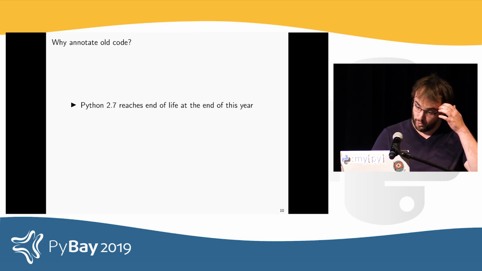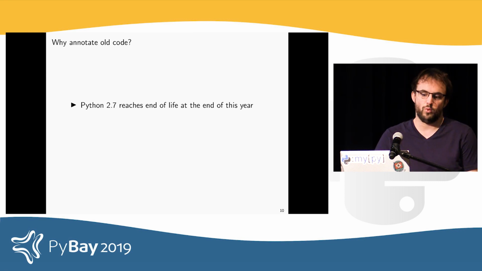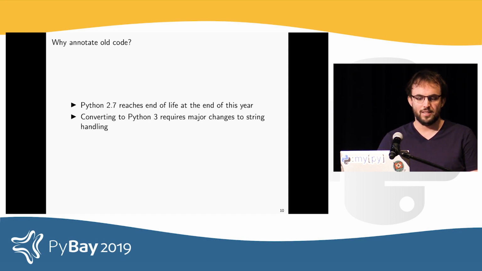Another big thing here is that Python 2.7 reaches its end of life at the end of this year. And I can tell you that Dropbox isn't going to be off of Python 2.7 quite then, but it's recognized that we have to be. One of the big pain points, the reason it's not just easy, is because converting to Python 3 requires major changes to how you handle string operations. The whole Unicode byte story is very different.